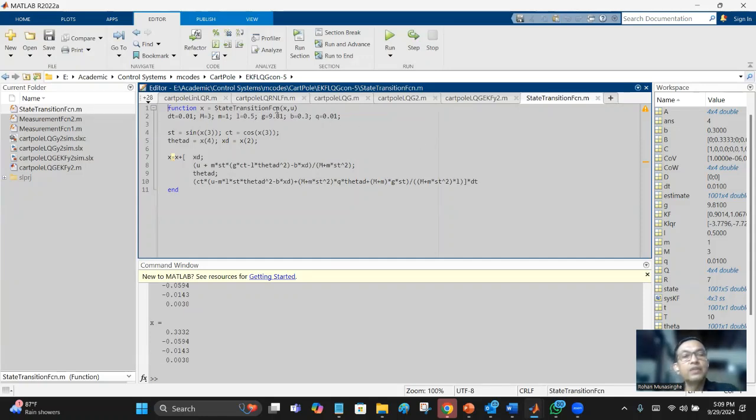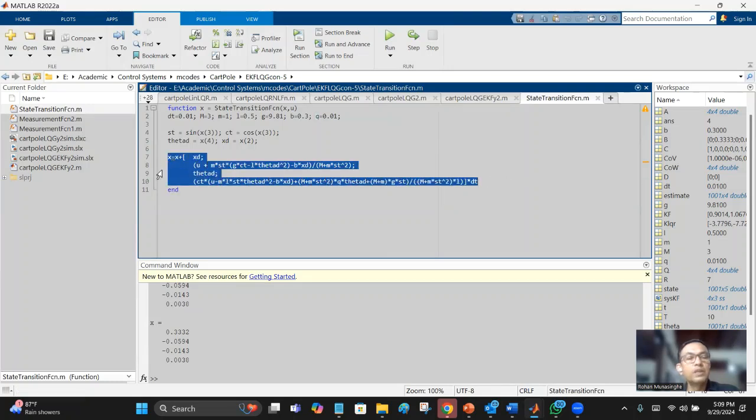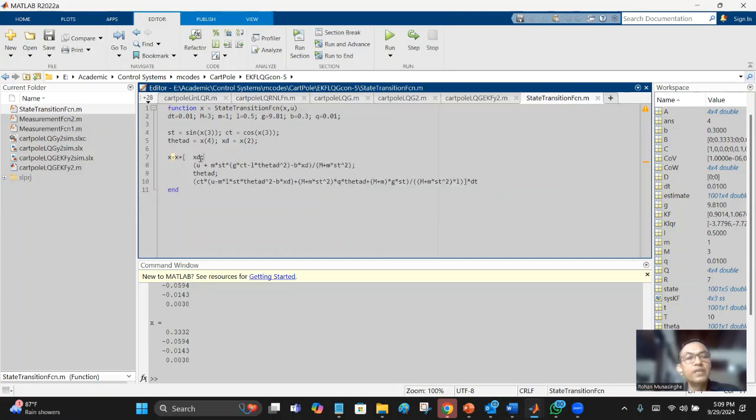The state transition function takes x and u as inputs, because the rate of change depends on the present state and the control signal. Look at this part over here: x is equal to x, that is the state that was there, plus xd, and xd means the rate of change of x. x is the position over here, and this is the velocity.